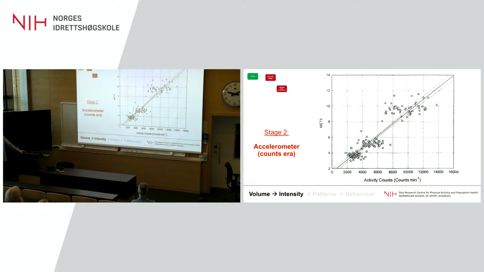So the metabolic equivalent is, if you're here, you're working at 4 times your resting energy expenditure. So here you are at 3 METs. Then you go to the regression line, and you go down, and this is the count cutoff for moderate intensity. That's how cut points work.